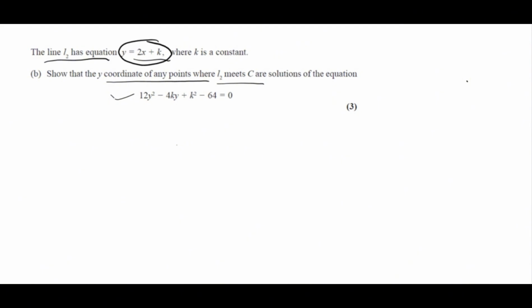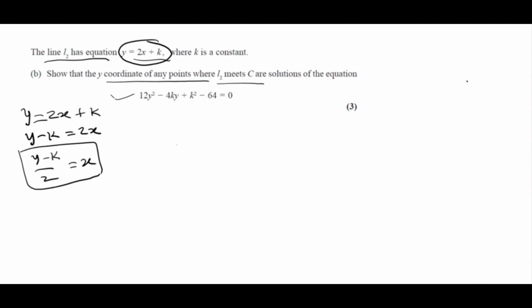Now to substitute, we have y is 2x plus k, so y minus k is equal to 2x, and (y minus k) over 2 is equal to x. So this is our value of x that we are substituting in our curve equation.